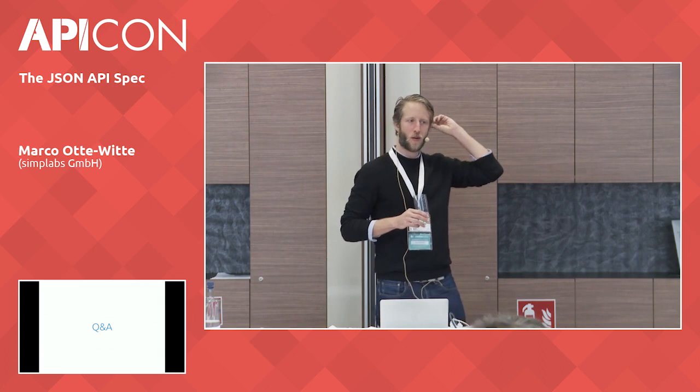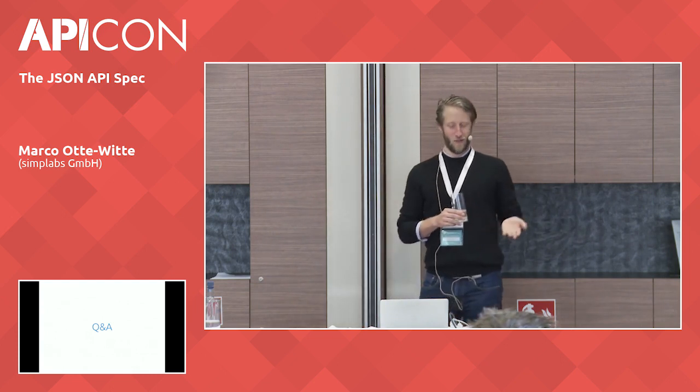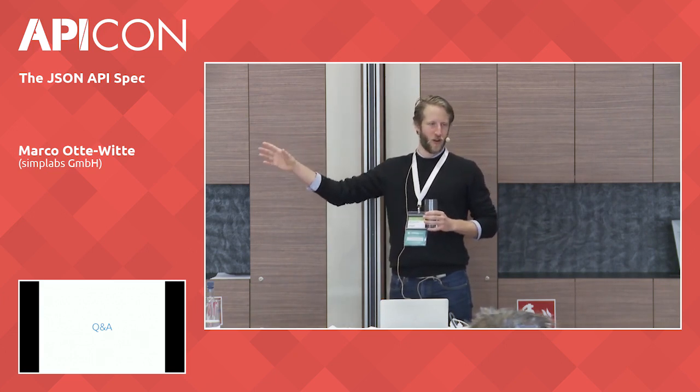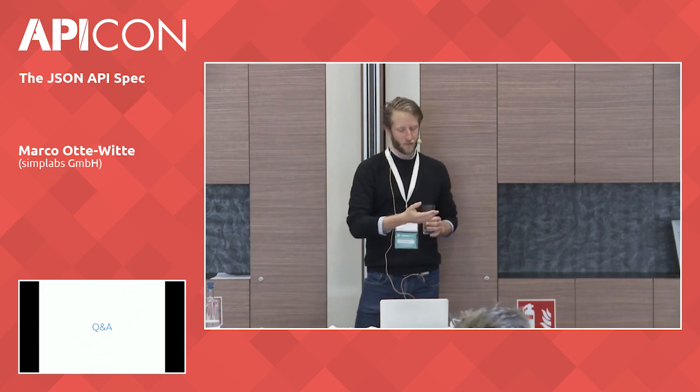JSON API comes from the Ember community, because Ember has a, does everybody know what Ember is? No? Too bad. Ember is something like Angular or React. It's pretty different from React, but it's used for similar things. So it's basically a framework for building single-page apps in the browser.